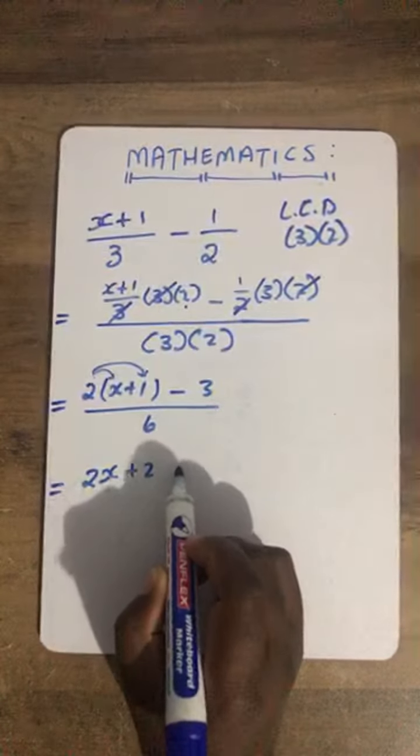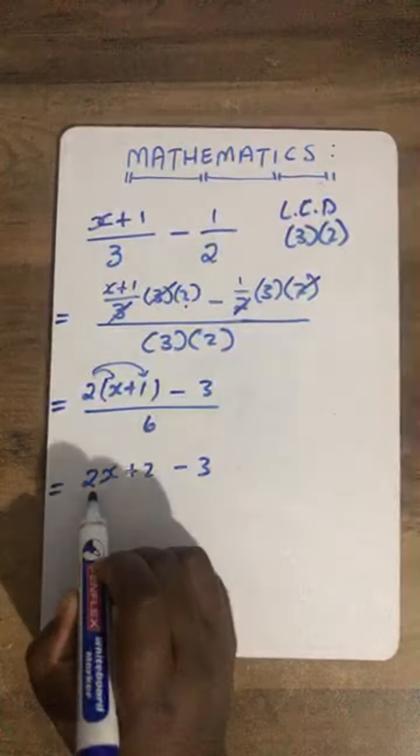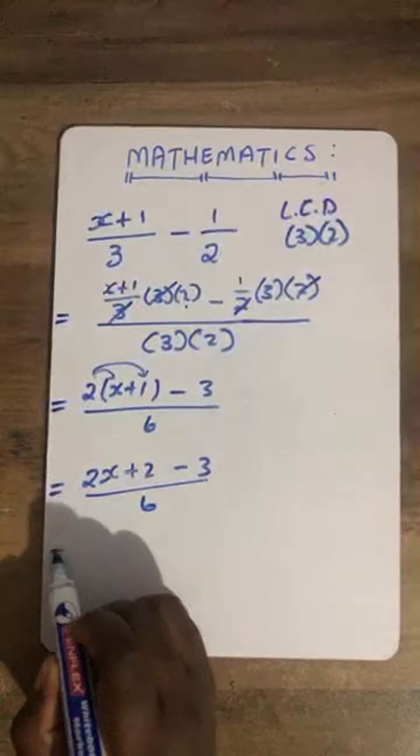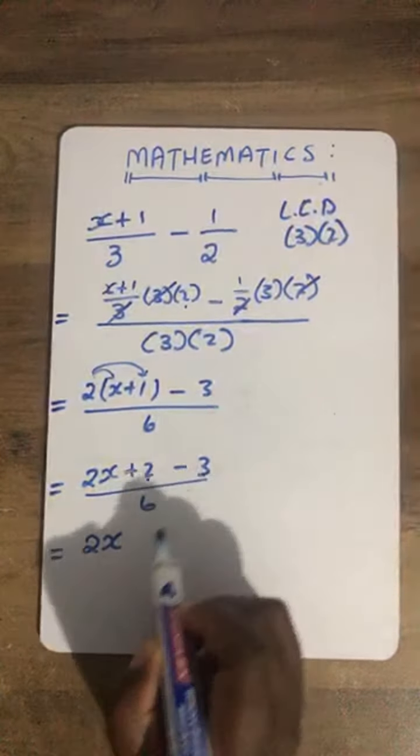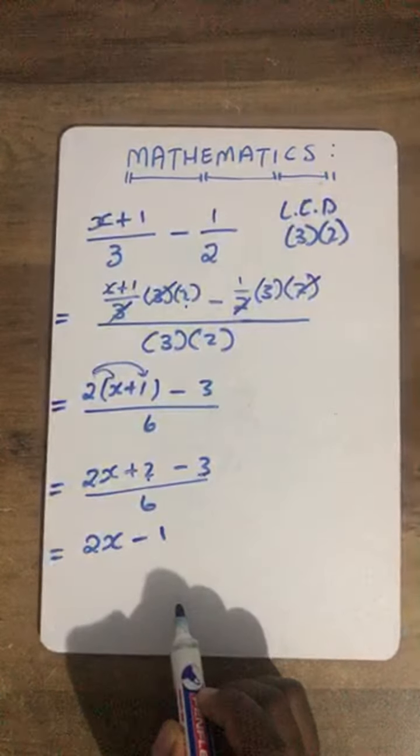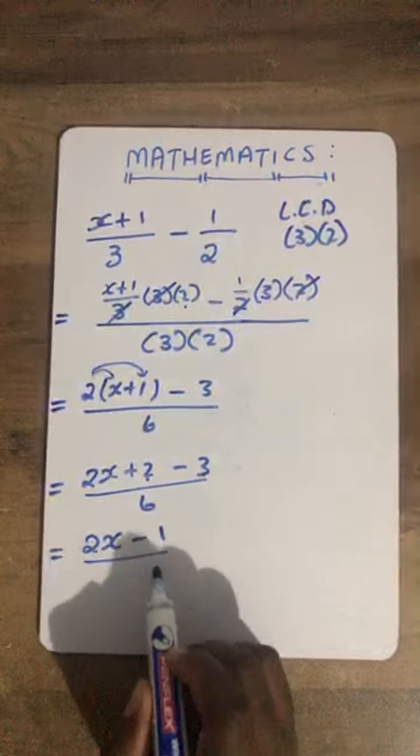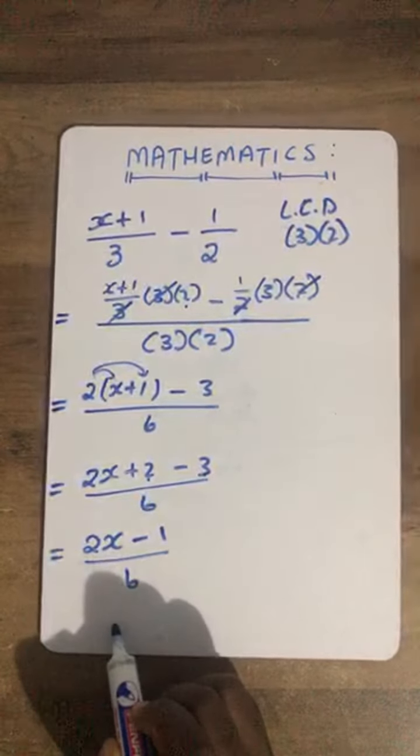2x plus 2 minus that 3 over 6. So you have 2x. What is this minus that? It's minus 1 divided by 6.